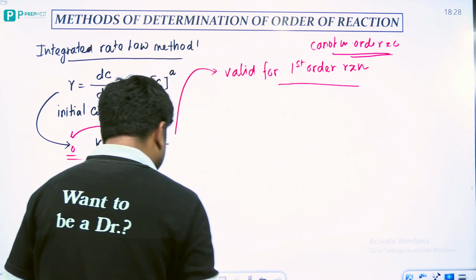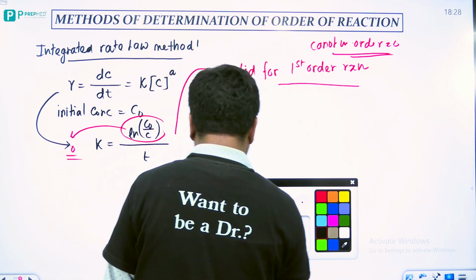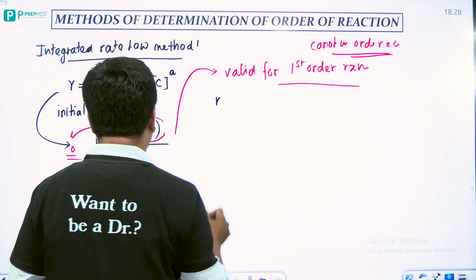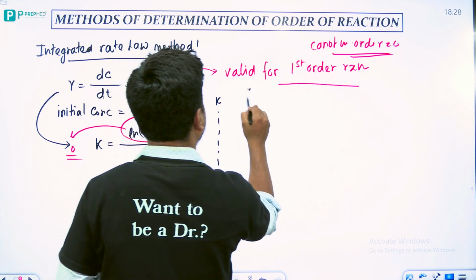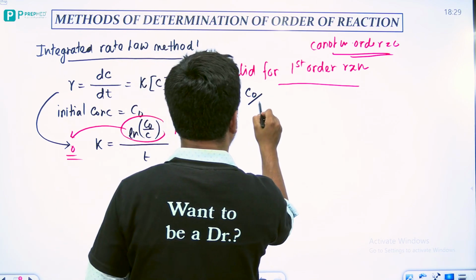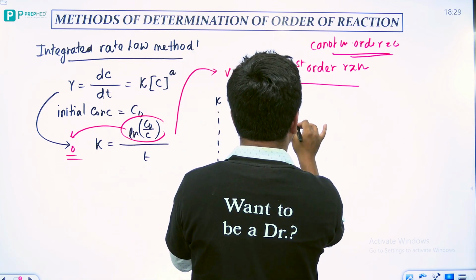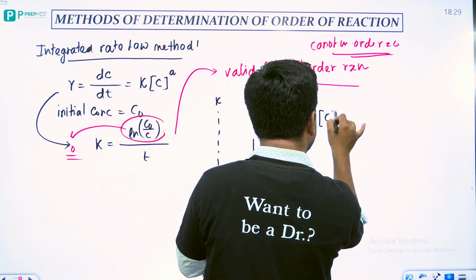And from here, one thing you can easily do: if I get a set of k's and a set of c0 by c data, using this we can easily calculate the order in r is equal to k c to the power a.